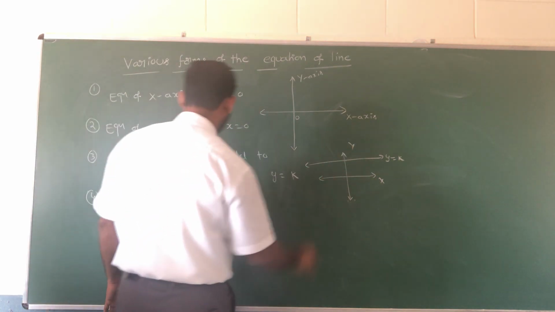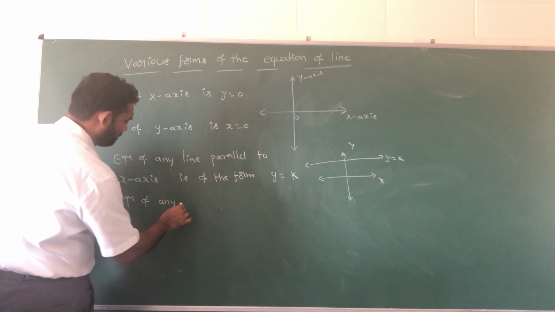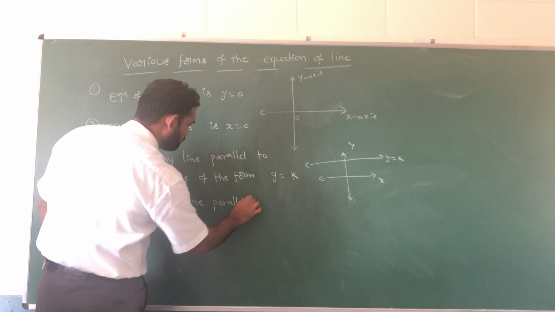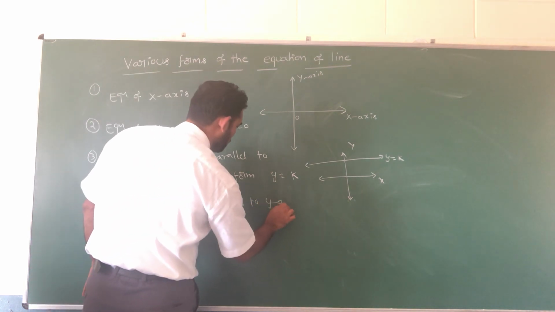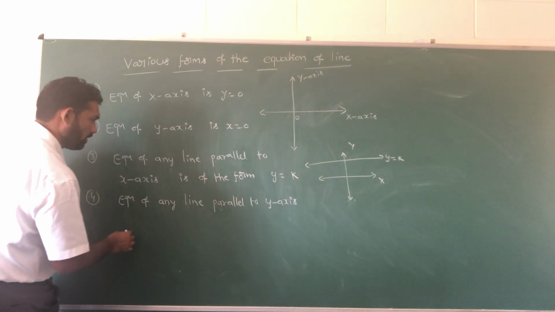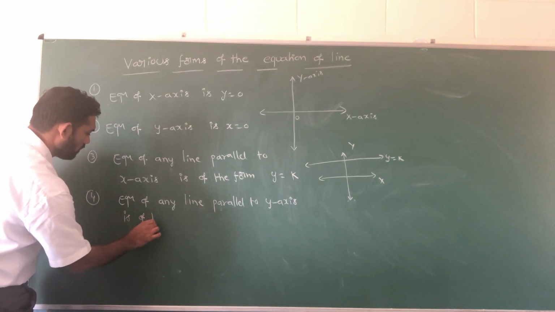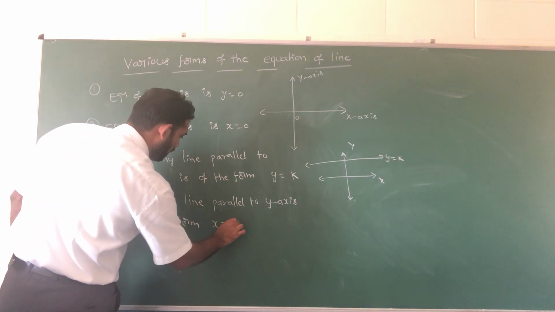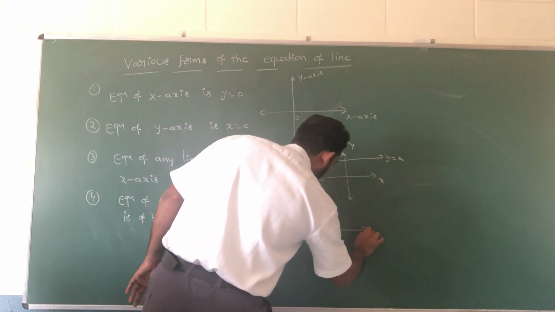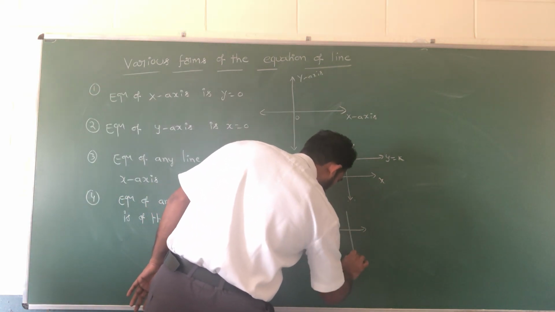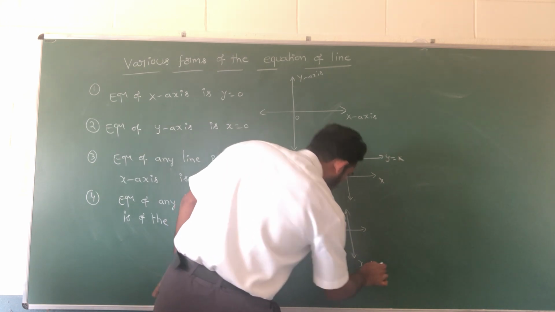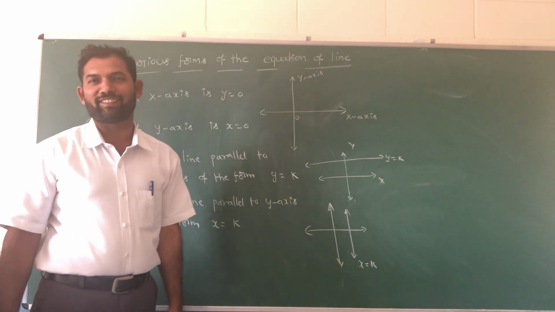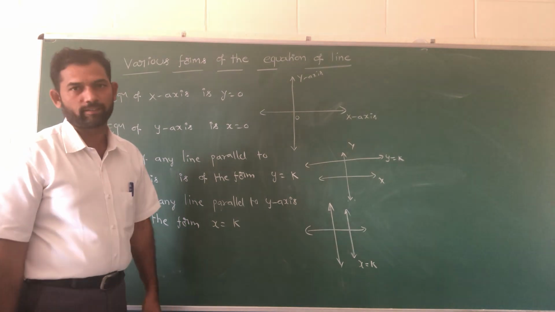This is the y-axis. The equation of any line parallel to the y-axis is of the form x is equal to k. Like that the diagram is. If it is on the left-hand side of the y-axis, that is x is equal to minus k. So plus or minus.